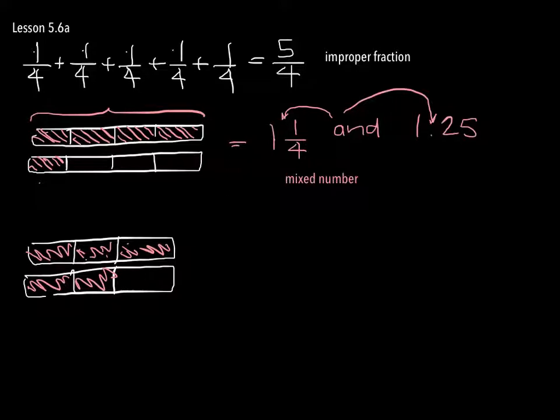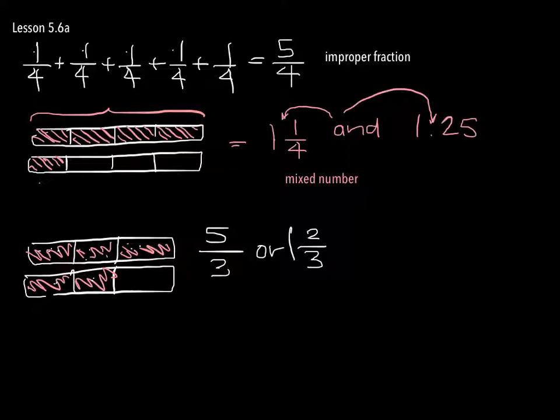Well, we know our language. Let's work with the improper fraction first. We know our language is thirds. How many thirds do we have? 1, 2, 3, 4. We have 5 thirds. Now, as a mixed number, we can write it as, well, this is 1 whole, 1 and 2 thirds.